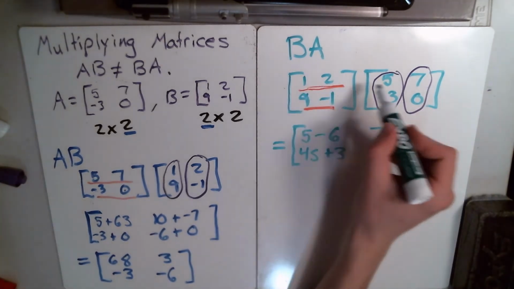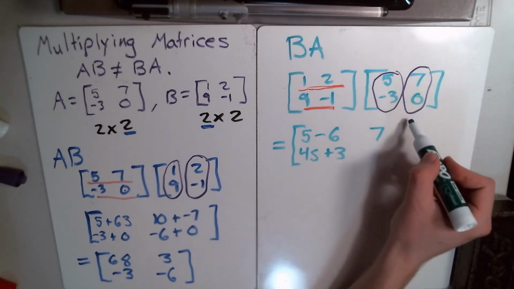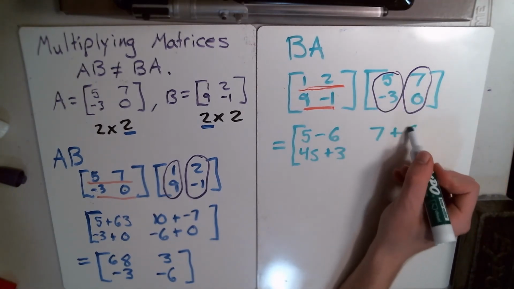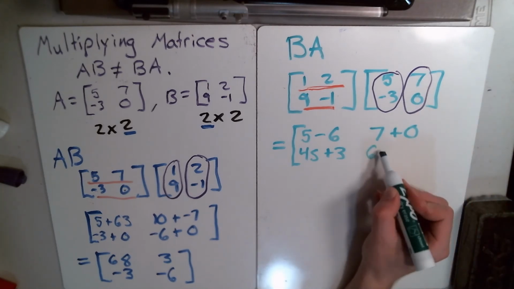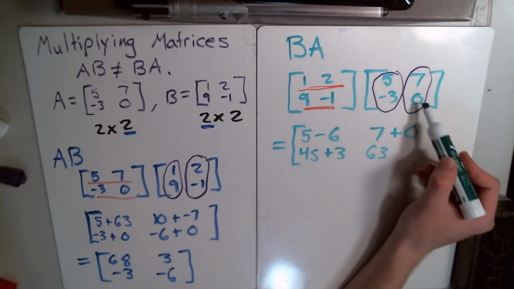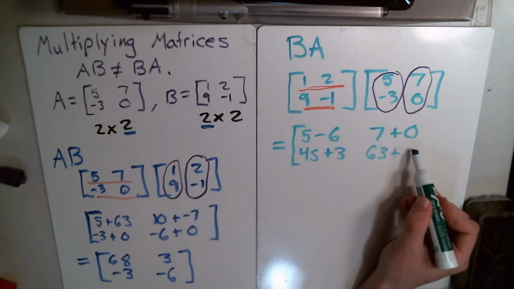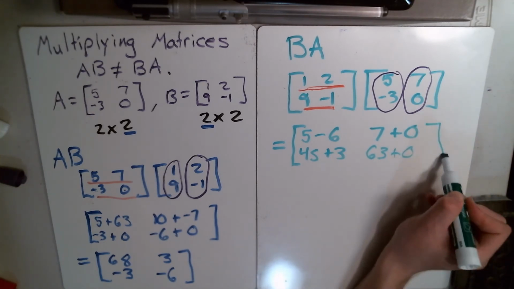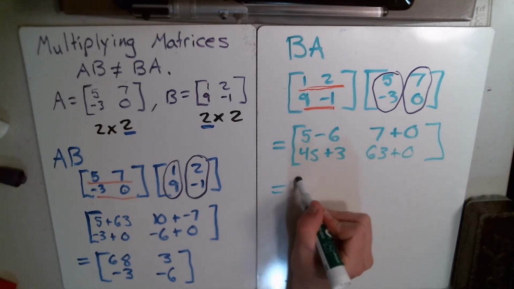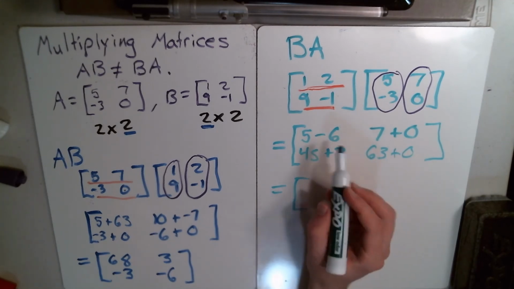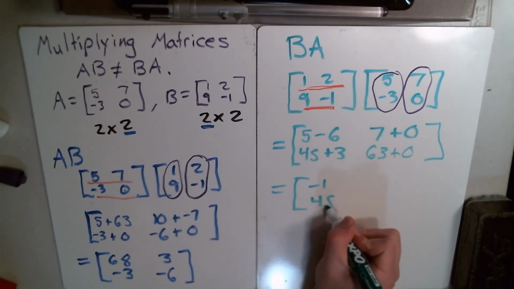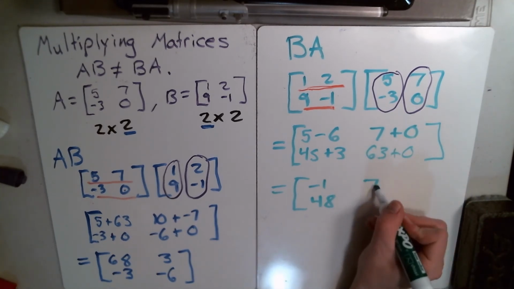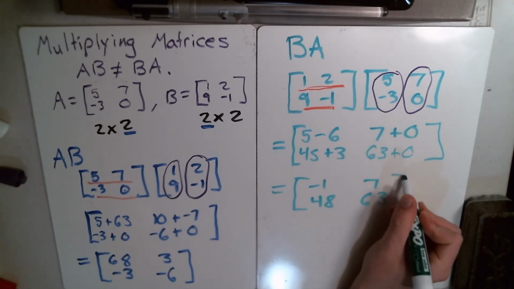I'm doing all of this row times this column, right? Okay, 9 times 7 is 63. -1 times 0 is 0. So we get 5 minus 6 is -1, 48, 7, and 63.